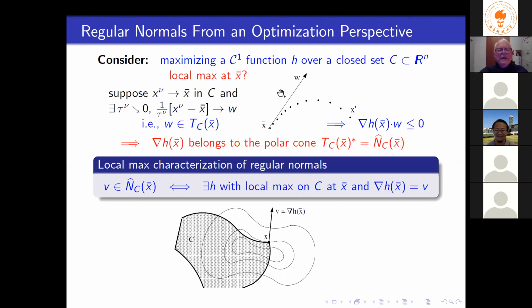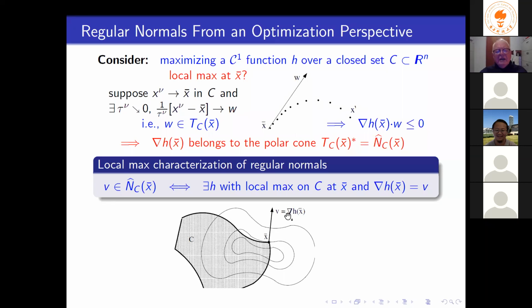It's a very easy derivation, but just let me say, because I don't want to take too much time here, I still have a lot to say, that the regular normal vectors are exactly the vectors v such that there is a smooth function h, a C1 function h, which has its maximum at this point, and v is its gradient. So this is the cone.